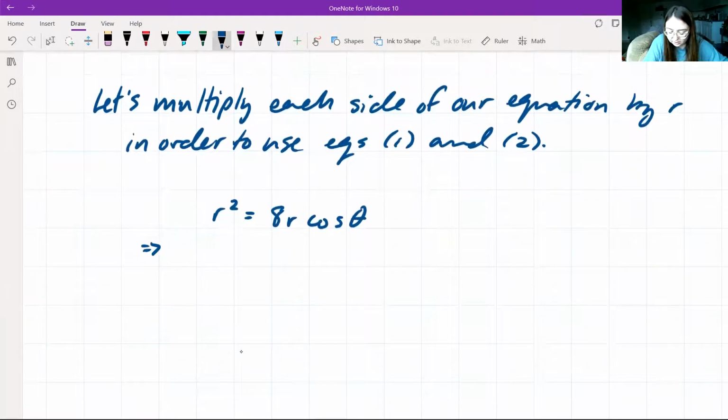So this is going to turn into x squared plus y squared is equal to 8r cosine theta.